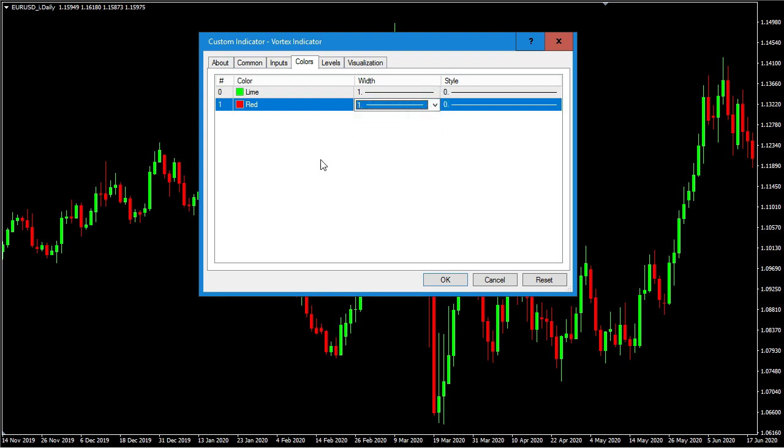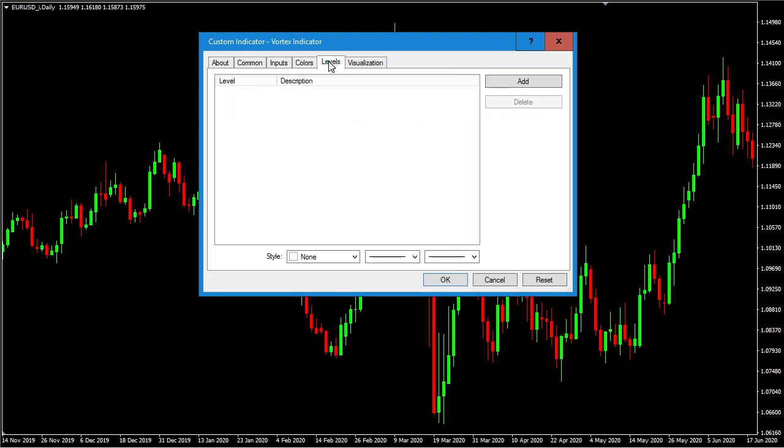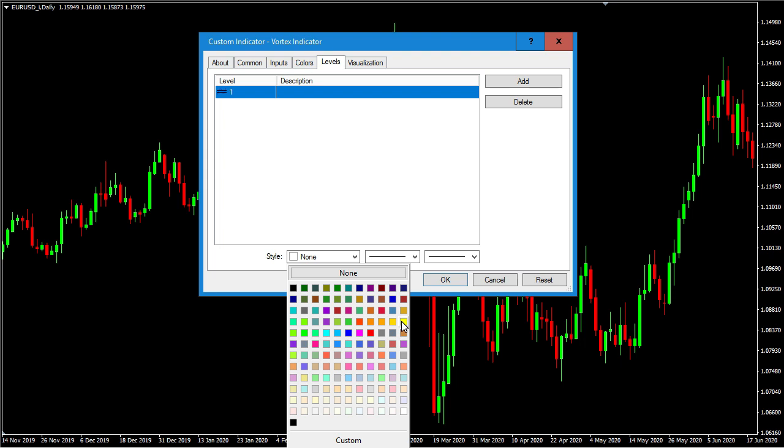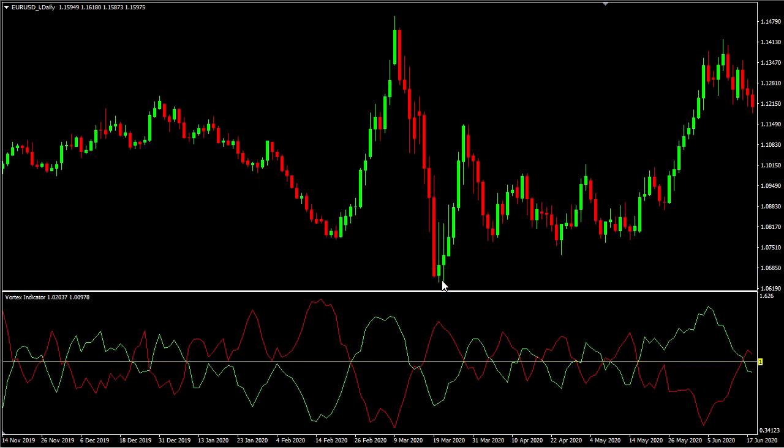And in levels, add 1. This is 1, and give it the color yellow. Here it is. This is the Vortex indicator.